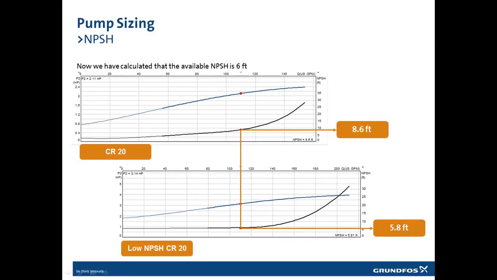Now this is a very, very tight calculation, because I have my 6 feet from my system, I have my 5.8 feet required by the pump, and I have added a safety factor. Then the good question is, did I add enough safety factor in my calculation?